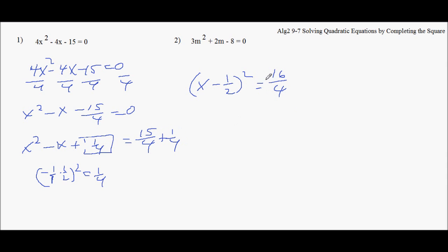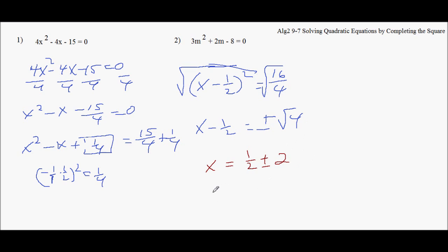And then I square root both sides, and this becomes plus and minus. Well, this is the square root of 4, which is nice. And this becomes x minus 1/2, because this cancels. And then I get x equals, putting the 1/2 over here, 1/2 plus or minus 2.